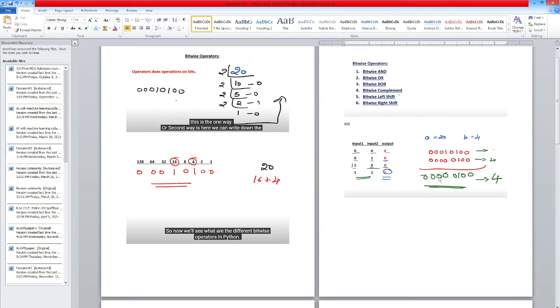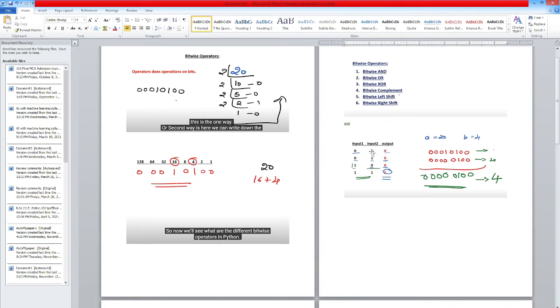0100 is the binary number for 4, and as it is an 8 bit number, we have to assign 4 zeros to this number. Then this is the truth table for AND: if both are 0 then output is 0, if both are 1 output is 1. If any one is 0 and the other 1, the output is 0. If both are same it will give that value.